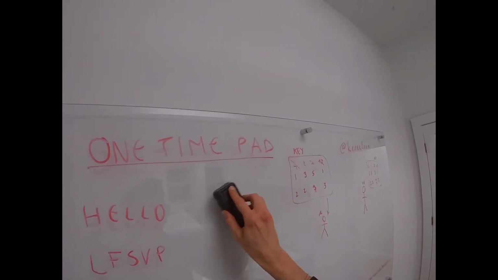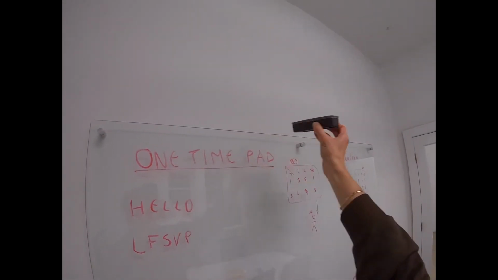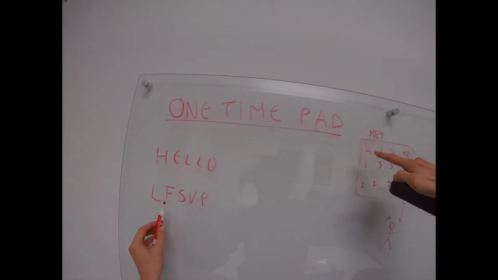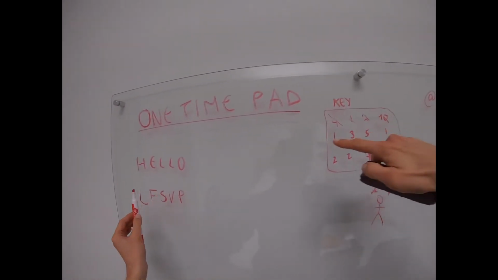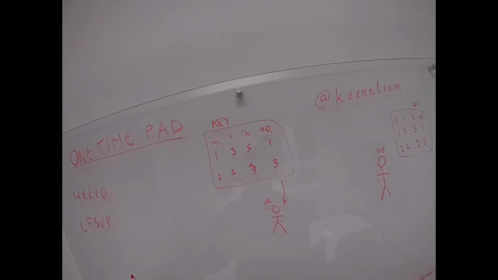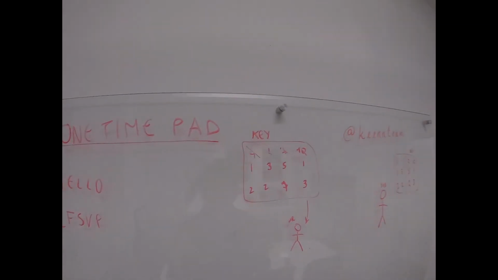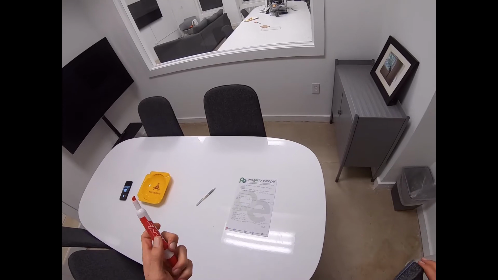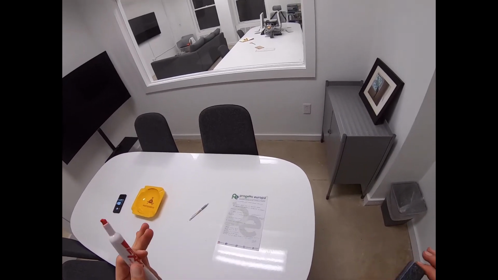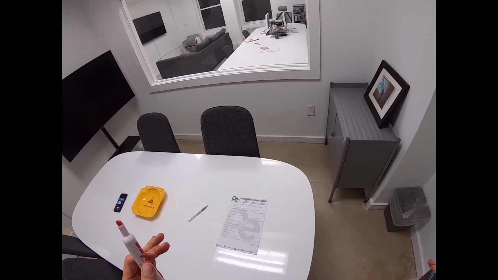But if we're using, just like here in the one-time pad, a different key, a different shifting for every part of the data we want to encrypt, now we're completely eliminating the possibility of breaking it, and I can show you mathematically why.